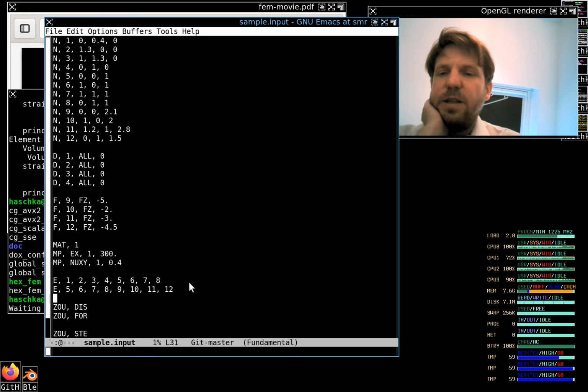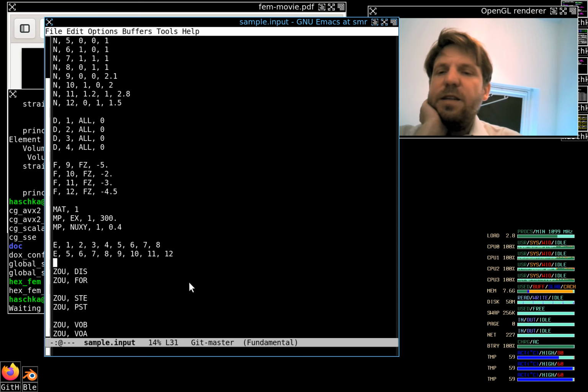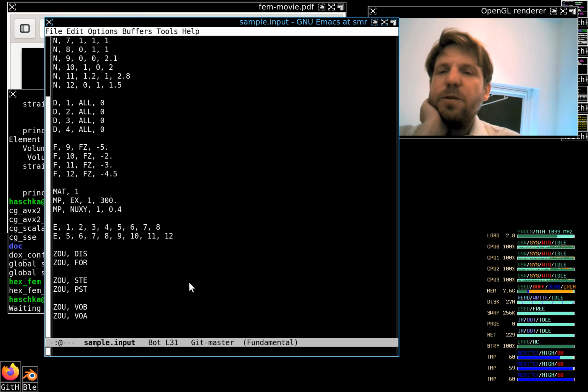Okay. And then at the end you can type what you want to display. Here we displayed everything, so you have the displacements that you can display. As we've shown you, you can display the forces. This ZU is just for output; this was my own creation here. And here you can say you want to see the strain, which is the strain matrix.